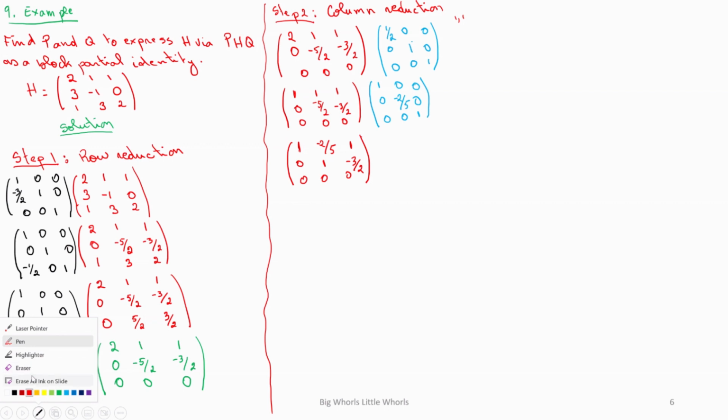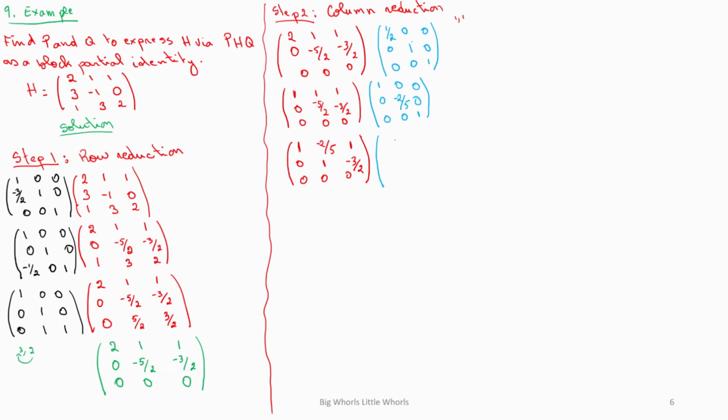If you know how to perform Gauss Jordan. Okay, so I'm going to multiply by this new matrix. The new matrix is I want to multiply column 1 by 2 over 5, so that if I add them together, it can eliminate the minus 2 over 5.